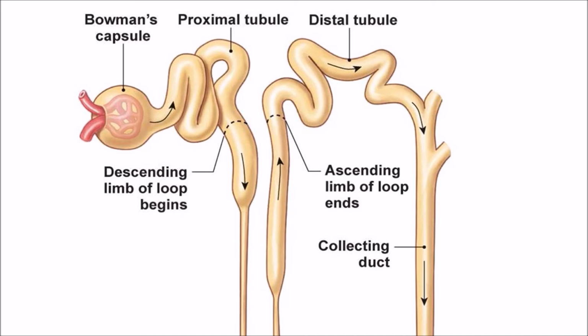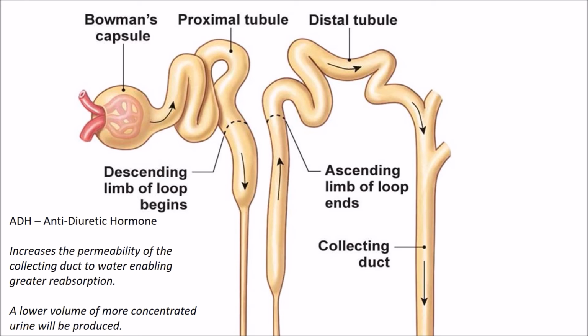But the body's very clever. It can control how much water is reabsorbed here. And it does this using a hormone called anti-diuretic hormone, ADH, released from the pituitary gland, and it acts on the collecting duct in the kidneys. What does ADH do? Well, if you were to take a diuretic, it would make you go to the toilet lots. An antidiuretic does the opposite.